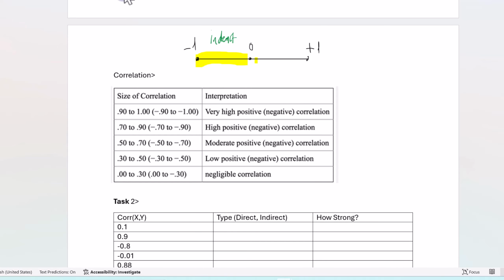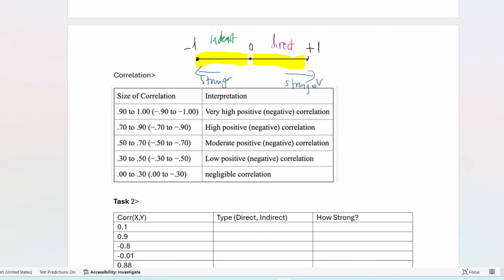Those between 0 and +1, the positive correlations, are signs of direct linear association. The closer the value of correlation is to +1 or -1, the stronger the relationship. For correlations close to -1, we have a strong indirect relation. For values close to +1, we have a strong direct relation.